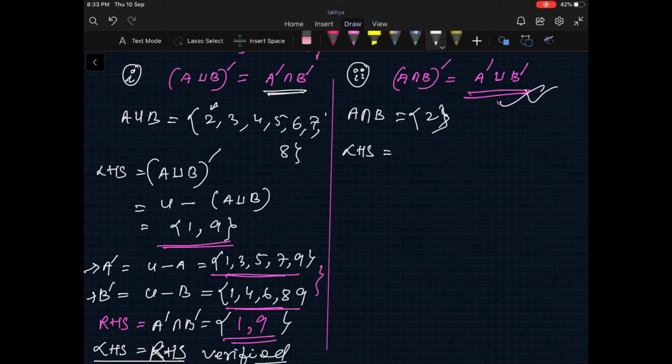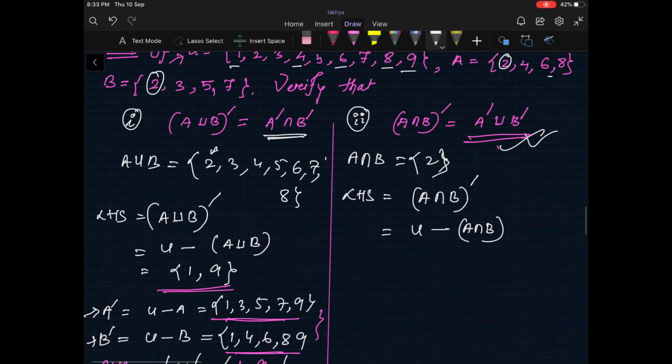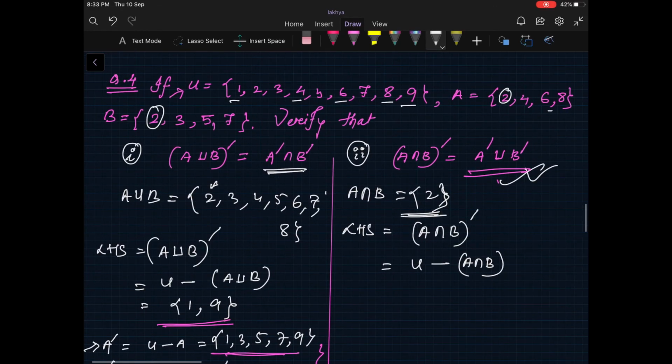Before going to find it, let's find the result of the left hand side. Left hand side is the complement of A intersection B, which means the universal set minus A intersection B. How to find this? Just eliminate the element in A intersection B from the universal set.